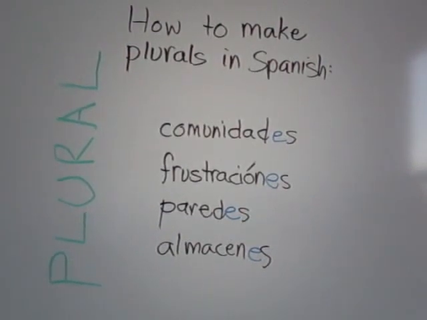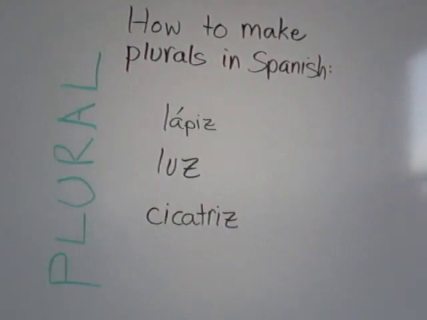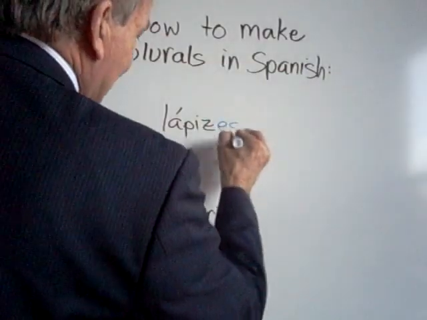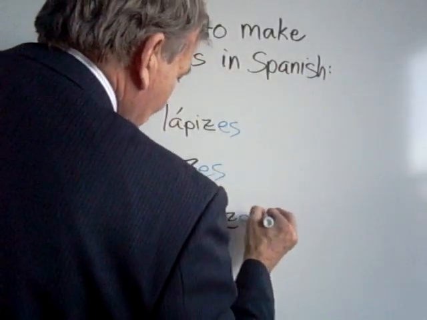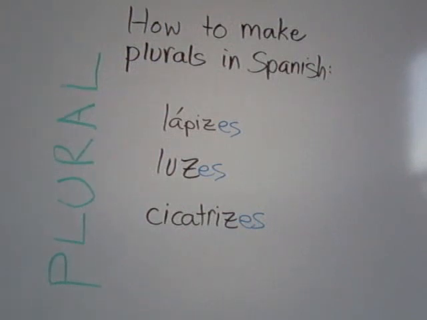And there's one other little minor detail. Here we have words that end in a consonant. They all end in Z. Lápiz is pencil, luz is light, and cicatriz is a scar. So you would normally think, oh, yes, it's a consonant, I could just add an ES on there, and it will be okay.